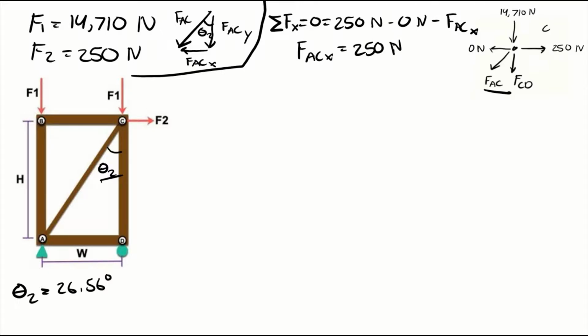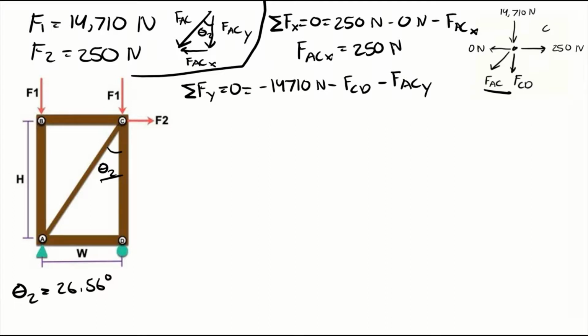Moving to summing in the Y direction, we'll do sum of forces in the Y equals 0 equals negative 14710 newtons minus F sub CD minus the component force of F sub AC in the Y direction.